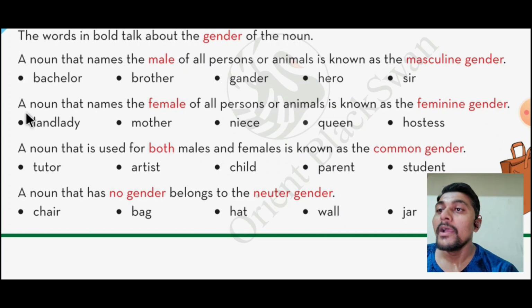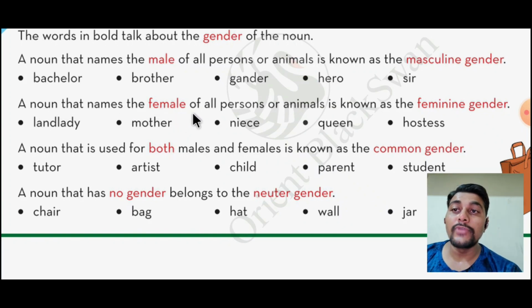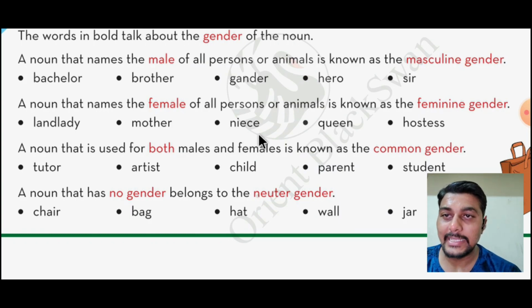Next one is: a noun that names the female of all persons or animals is known as the feminine gender. Understood? Examples are landlady, mother, niece, queen, hostess.